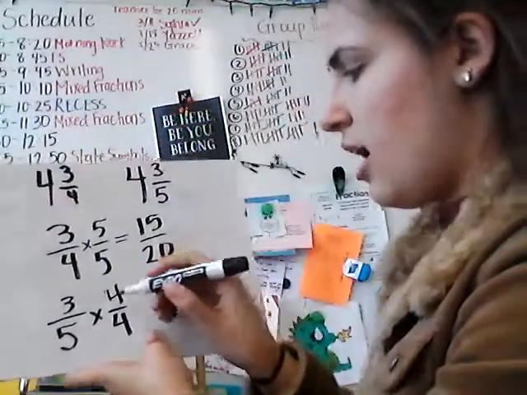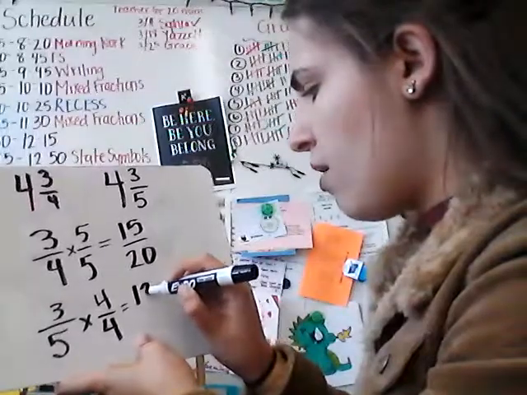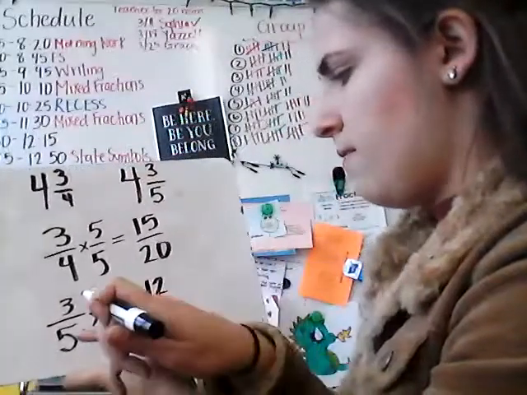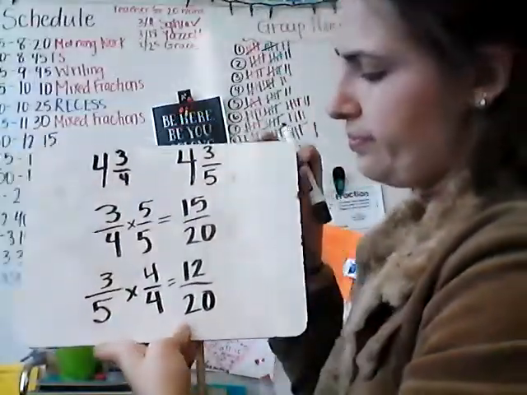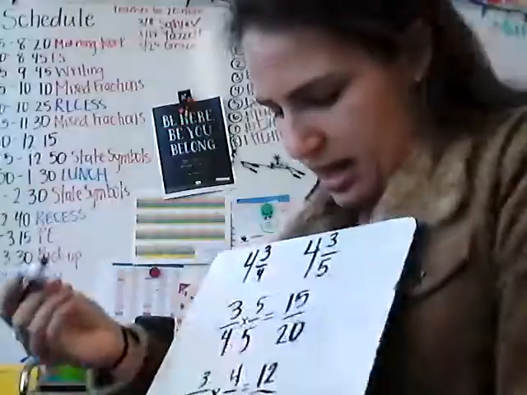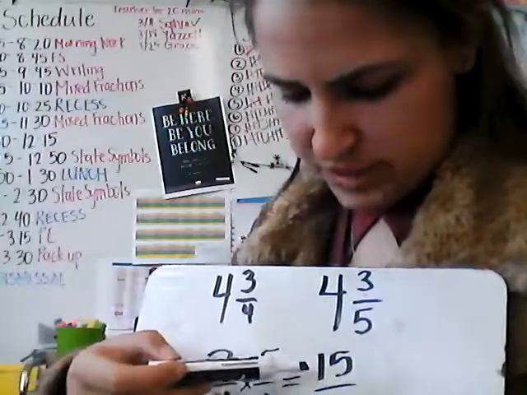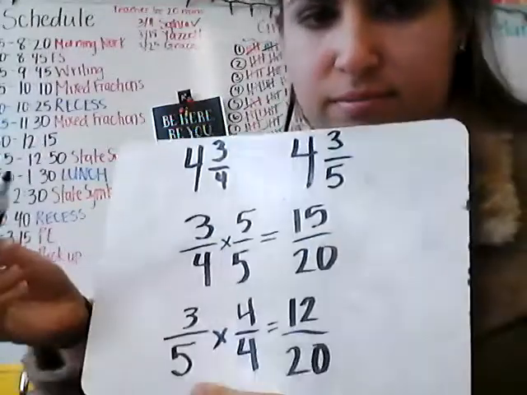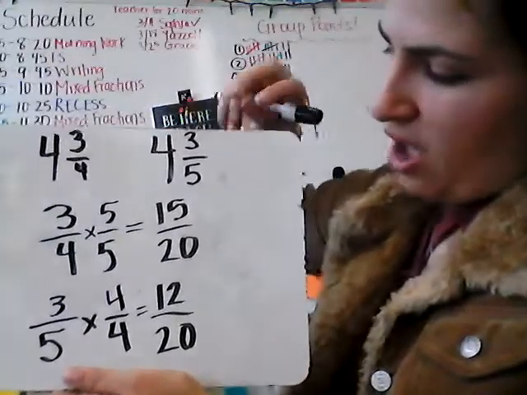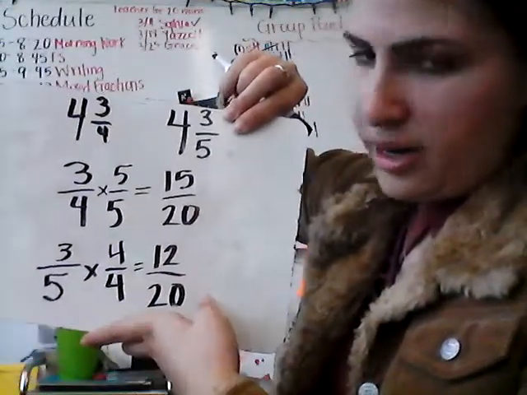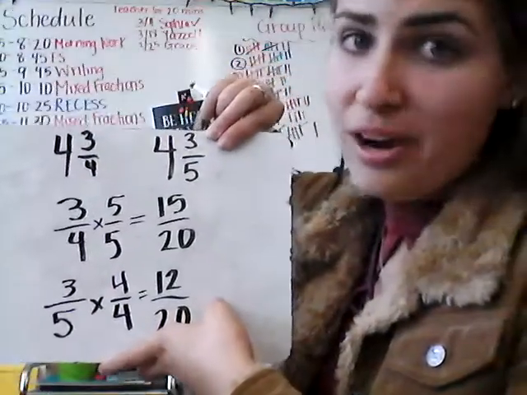So 3 times 4 gives us 12. 5 times 4 gives us 20. So now we have 15/20 and 12/20. Now that these have the same denominator, it's a lot easier to compare the two.